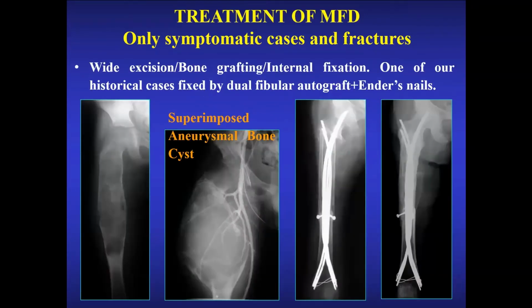Wide excision, bone grafting, and internal fixation may be indicated in particular cases, like in this historical case of our collection, fixed by a dual fibular autograft plus Enders nailing.